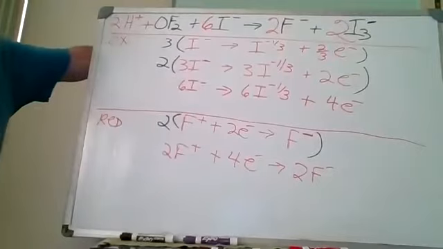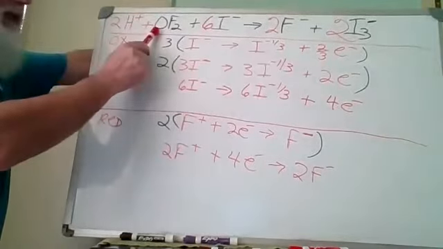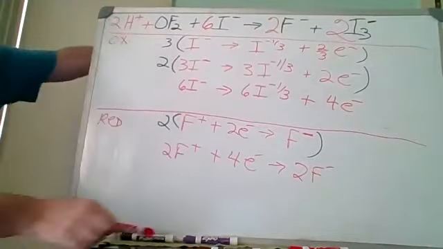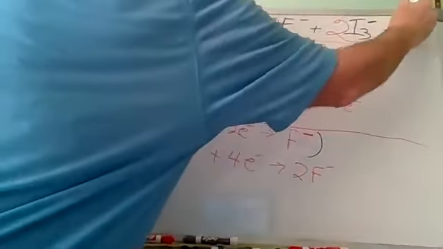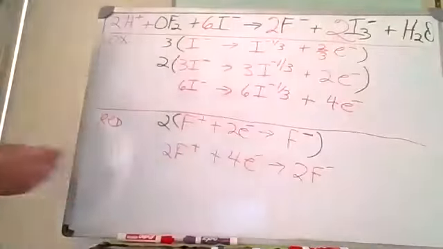So let's see here. I have 2 hydrogens here, none over here. I have 1 oxygen here and none over there. 2 hydrogens and 1 oxygen sounds like 1 water molecule to me. All right, 1 water molecule.